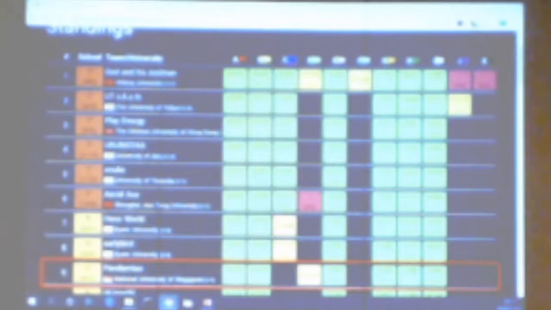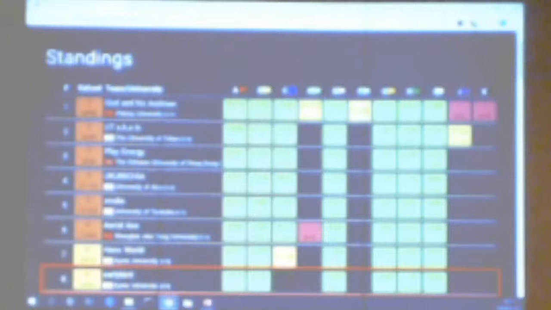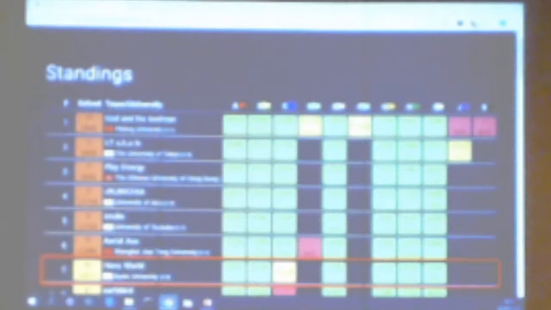And the National University of Singapore is 9th place with problem D left, and that's a no. Now, Early Bird from Kyoto University has problem C left, and that's a no. 7th place we got Hello World from Kyoto University, and that's a no.